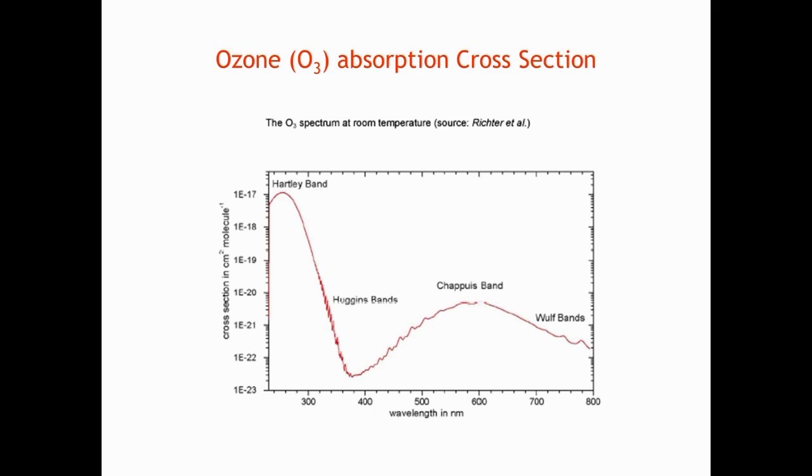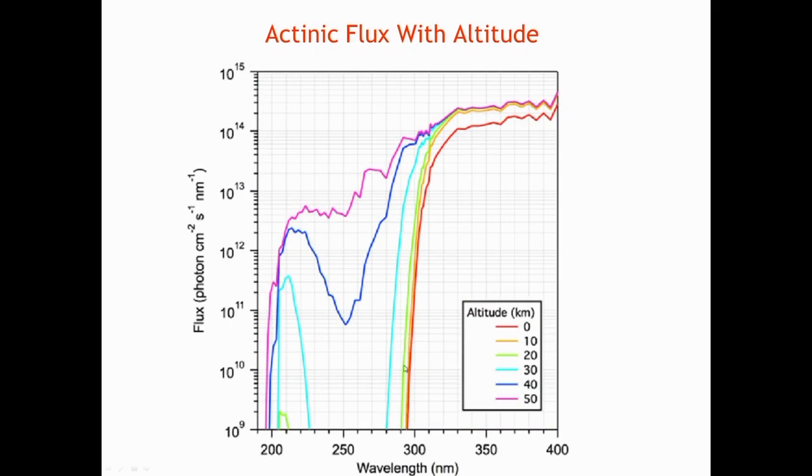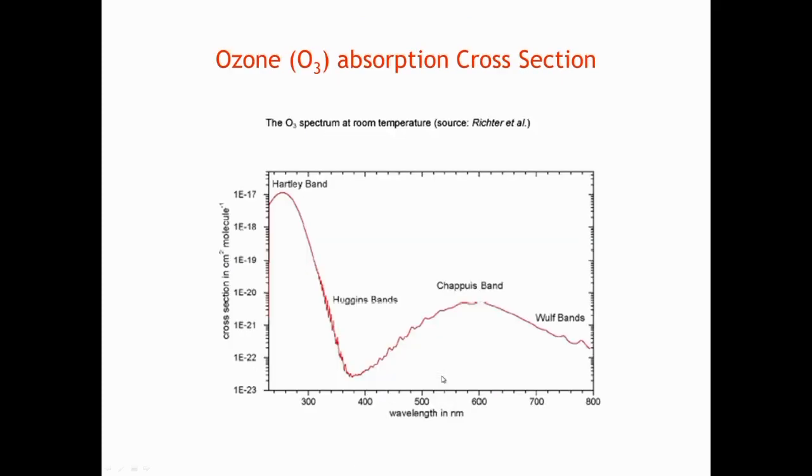Well, if you go back to this figure here, in the troposphere, you've only got radiation from about 290 upwards, and your peak amount of radiation is around 320 upwards. From here downwards, you've got radiation in the Hartley band. So most of your absorption will take place above the troposphere, in the Hartley bands, but in the troposphere you will absorb from about 300 nanometers upwards.